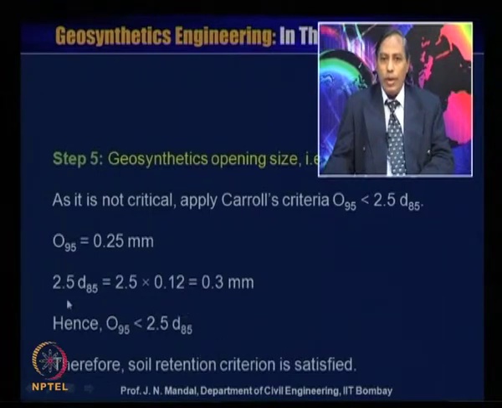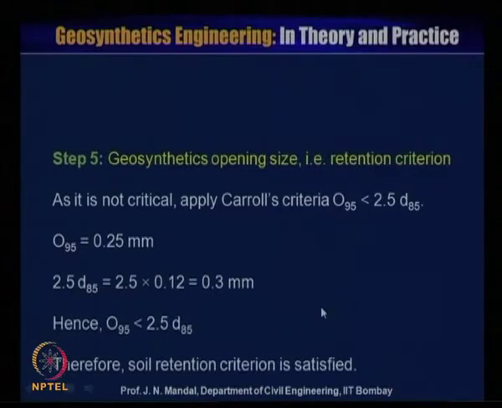So 2.5 D85 is 0.3 millimeter, and this is less than this. Therefore, the soil retention criteria is also satisfied. So we have designed the geotextile for the gabion when you use it at the back of the gabion wall.